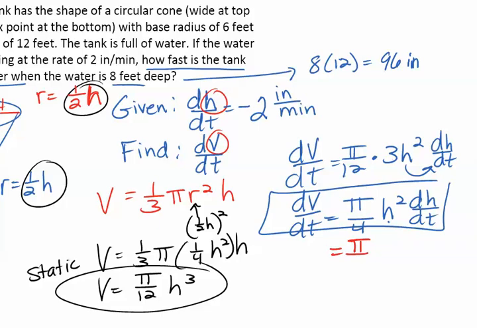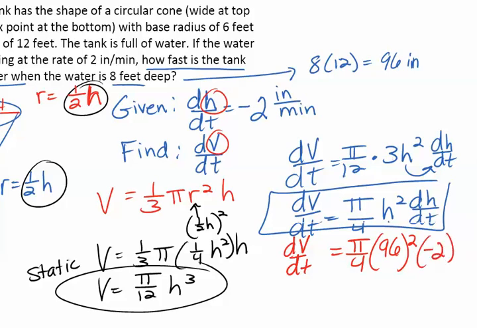So we're going to keep the pi over 4. We're going to take the height of 96 inches squared, dH dt, and our dV dt was the one that was given. We were losing 2, nope, sorry, other way around. Change my mind. dV dt is what we're looking for. And dH dt was what was given to be -2.